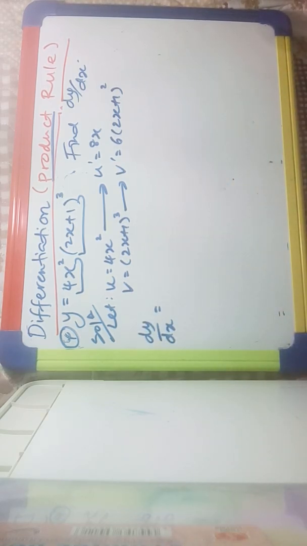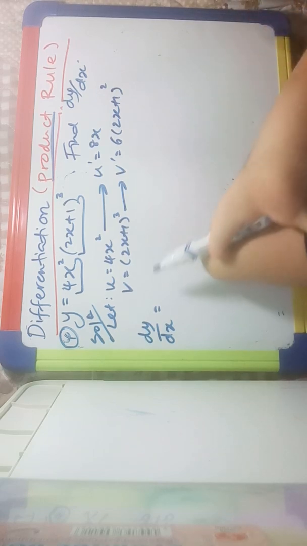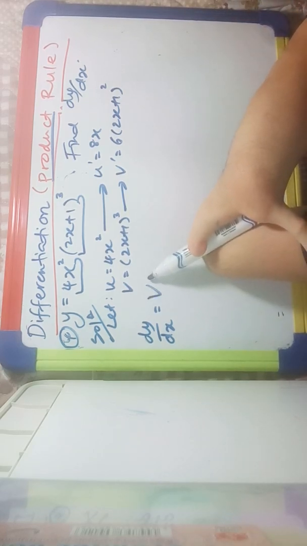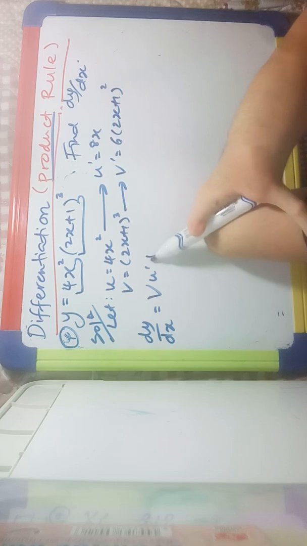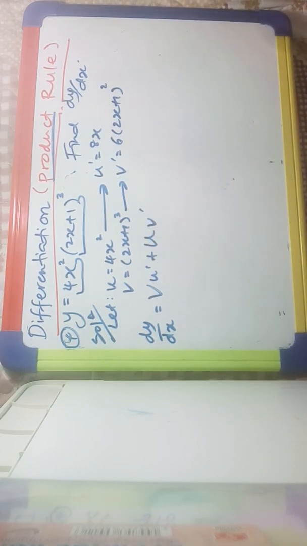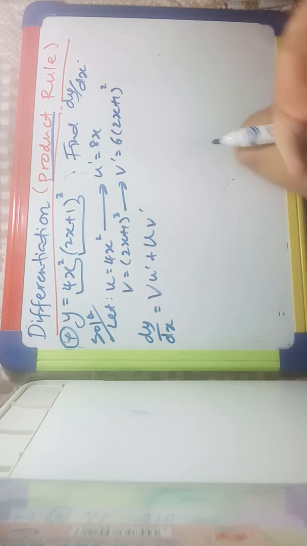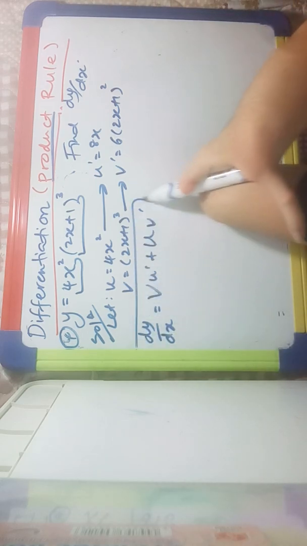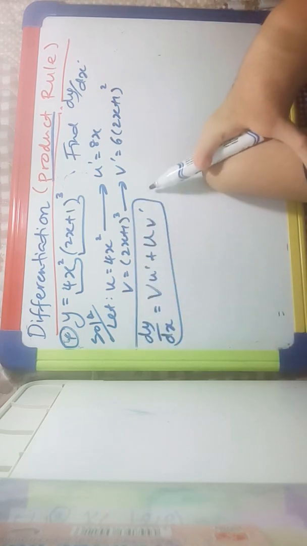Okay, now dy over dx is v du dx plus u dv dx. This is another short form how to write down the product rule formula. Okay, v du dx plus u dv dx. So this is the formula. So I will write down over here.